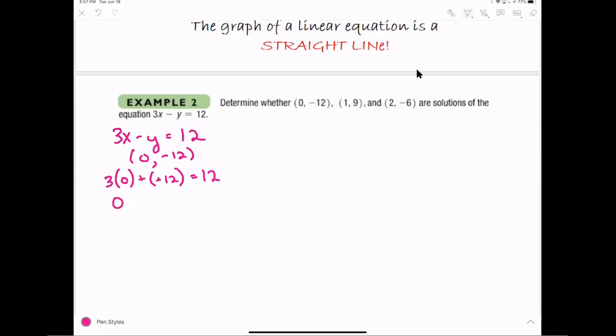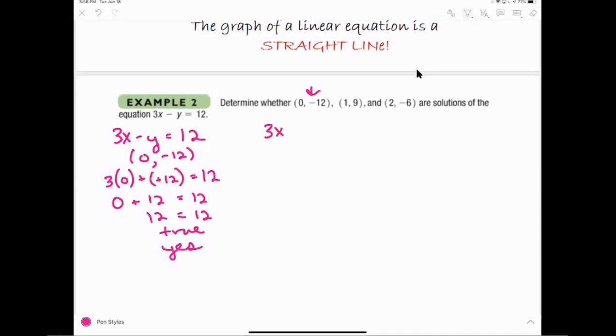A double negative becomes positive, so 0 plus 12 equals 12, so that's just 12 equals 12. This is true, so our answer is yes, 0, -12 is a solution. What that means is that this point would be on the line.